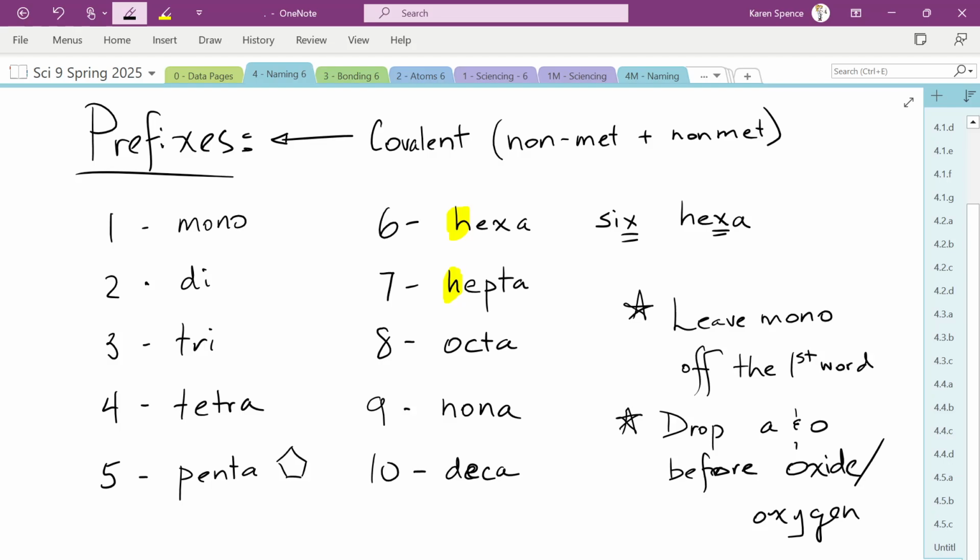But quizzes 4 and 5 have nothing to do with prefixes because they're all types of ionic compounds. So we won't see those again until next week. Okay, so we're just reviewing those so you don't forget them over the weekend. All right. So those are our prefixes, and those go on covalent only.